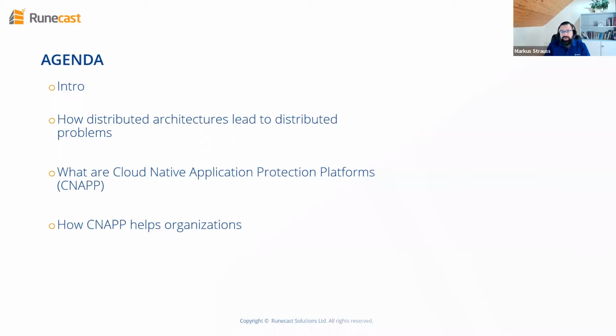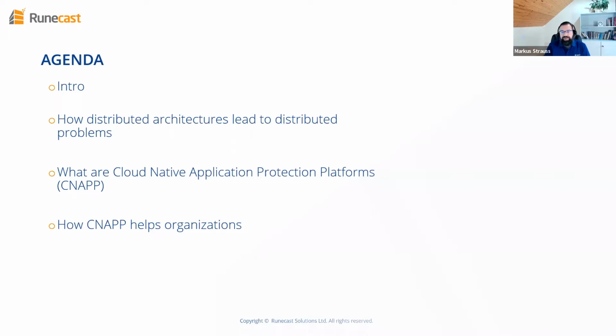But what we will be doing is we will have a look at how distributed architectures lead to, well, equally distributed problems. And this is one of the key areas that we cannot forget when we start thinking of cloud migration, cloud first approaches, cloud native applications.